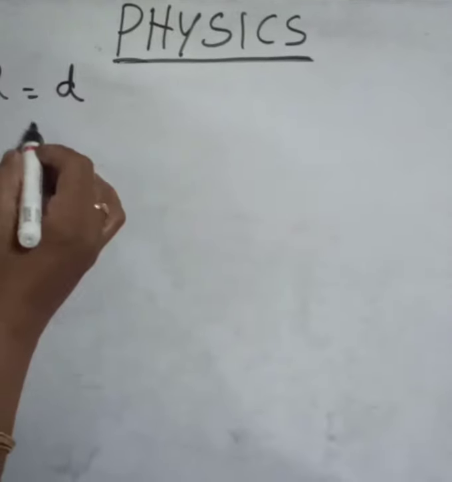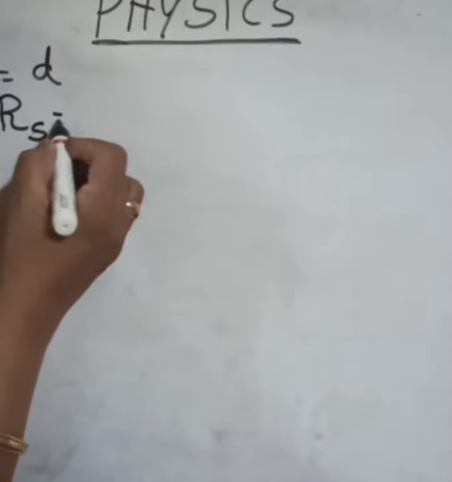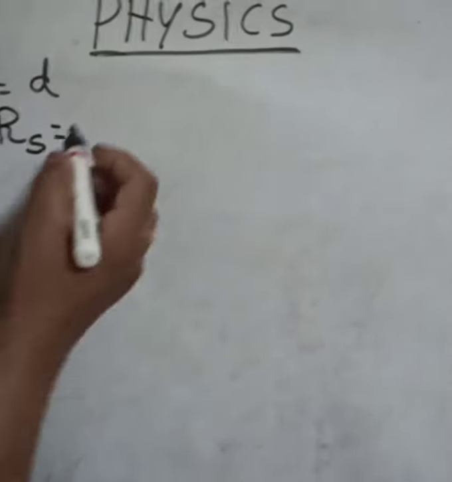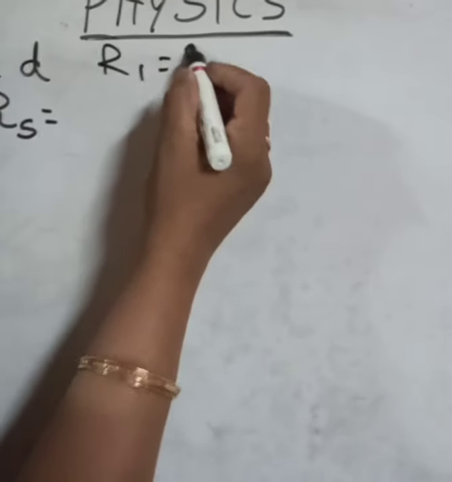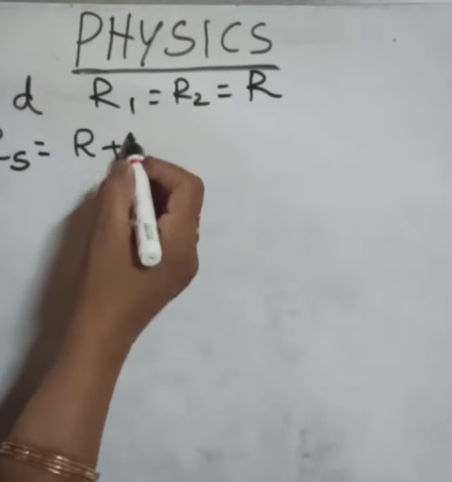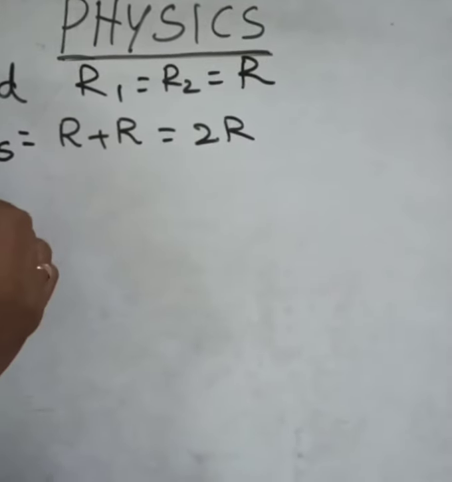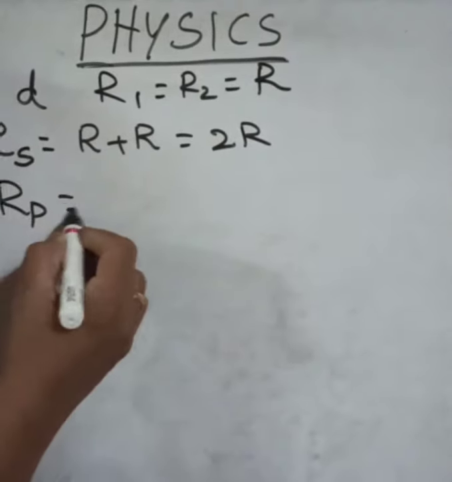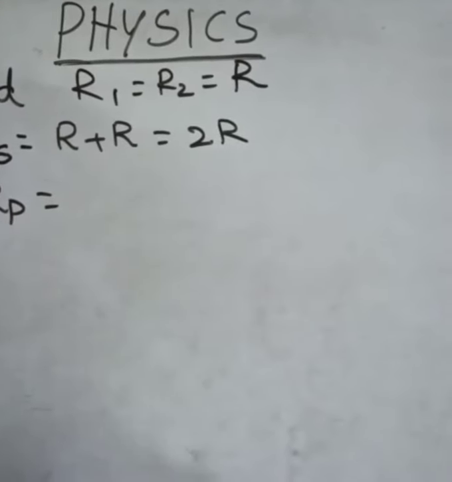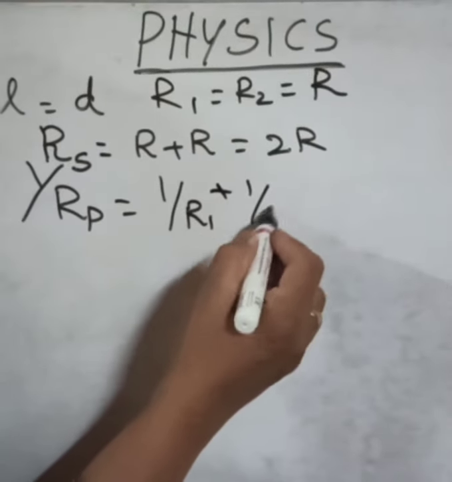You know that if two resistors are connected in series combination, RS is equal to R1 plus R2. Here the resistance R1 is equal to R2, we can take it as R. So here R plus R, 2R. Similarly in parallel combination, RP means reciprocal. 1 by RP equal to 1 by R1 plus 1 by R2 is the formula.